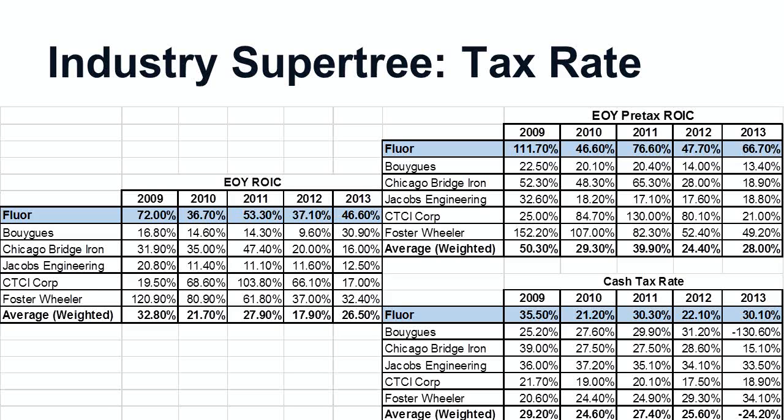In tax rate, you can actually see Bouygues' influence on the industry again, with their negative 130.6% 2013 tax rate, leading to a negative industry average for tax rate, where Bouygues had an end-of-year pre-tax ROIC that was actually decreasing. We found that end-of-year pre-tax ROIC showed better how our end-of-year ROIC was driven.